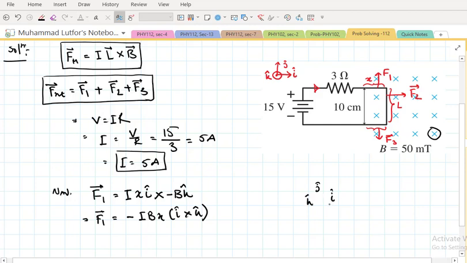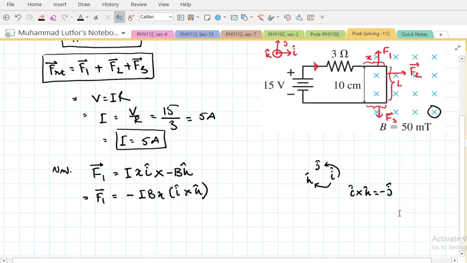I cross k, moving in the clockwise direction, and we know that counterclockwise is positive and clockwise is negative, so i cross k is going to be minus j, right?